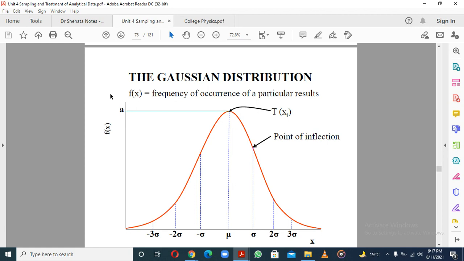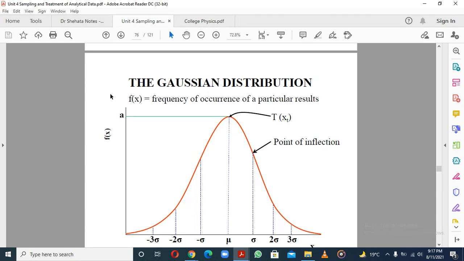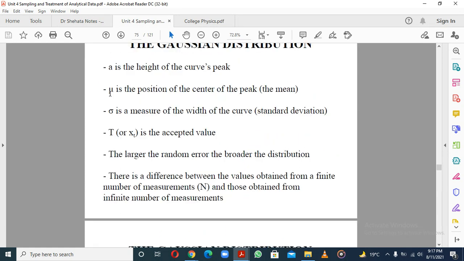So your values may be there, and then that mean value is going to be there. When you are distributing these values, you are going to see that they follow that particular shape.